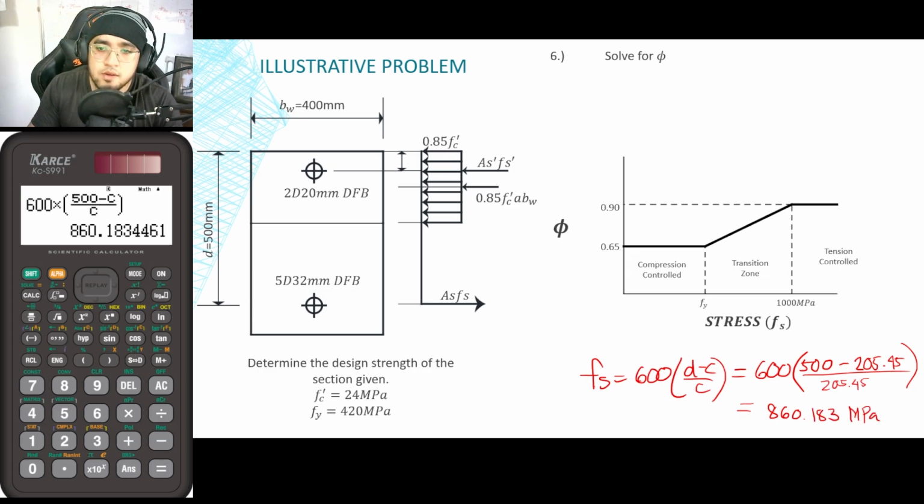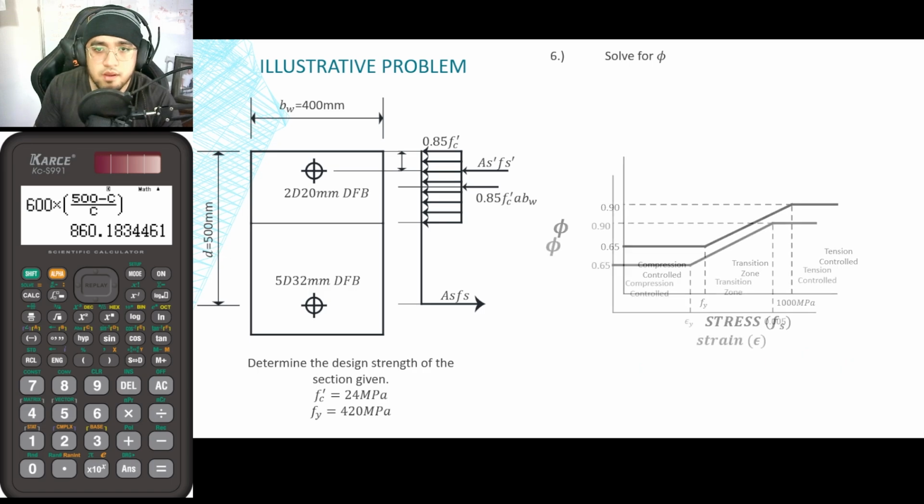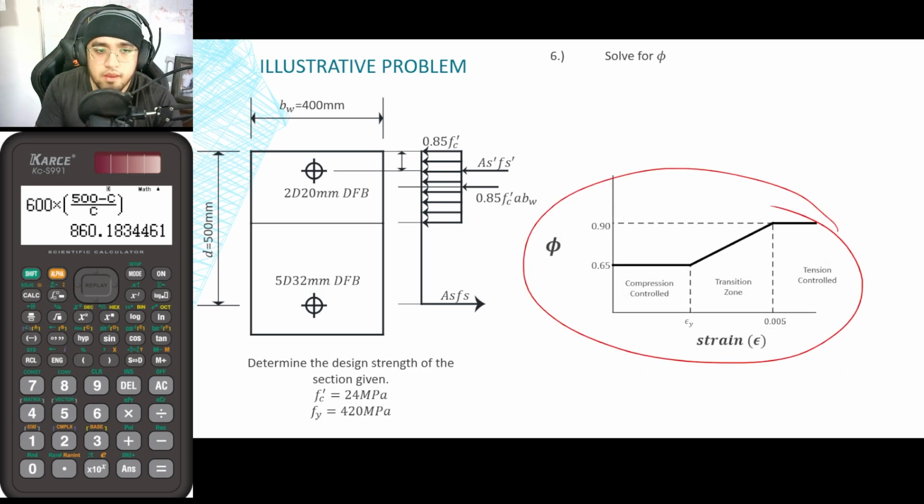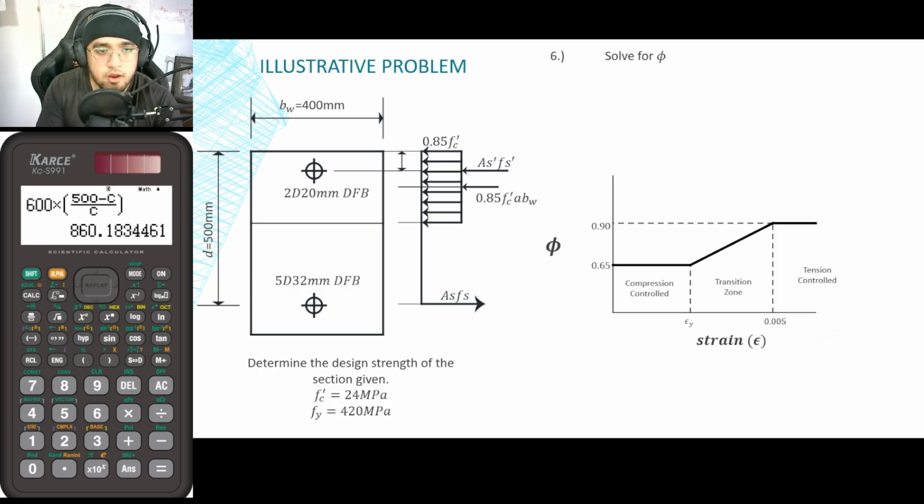Megapascals. So if you want to make use of this particular table, then instead of having this equation, where Fs is equal to 600 times d minus c all over c, just make use of strain S is equal to 0.003 times d minus c all over c.